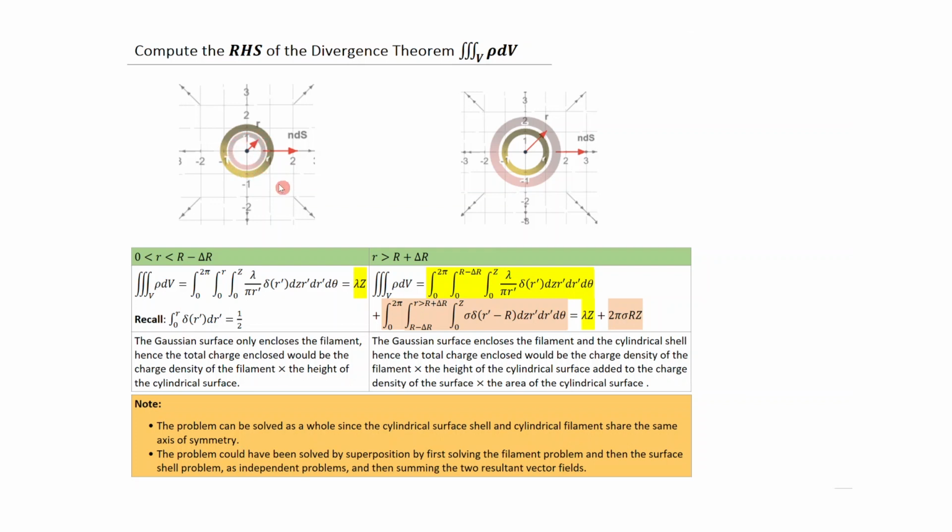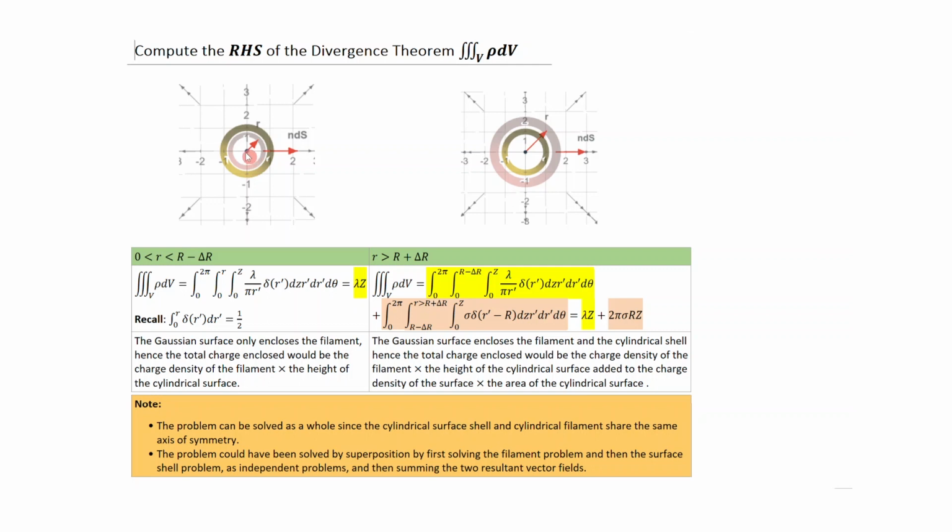However, since we're interested in computing the charge density within the volume contained within the Gaussian surface, we need to be careful in terms of how we do the computations of the right-hand side. For example, on the inside of this cylindrical shell, which has radius capital R, that's from any radial distance from 0 to R minus delta R, just on the inside surface of the cylindrical shell, what we're integrating is a charge density that's represented by the filament.